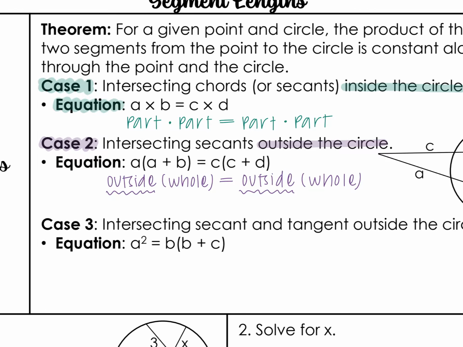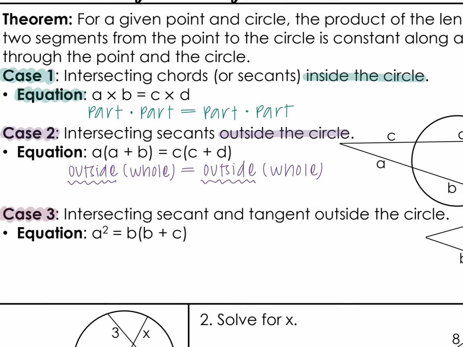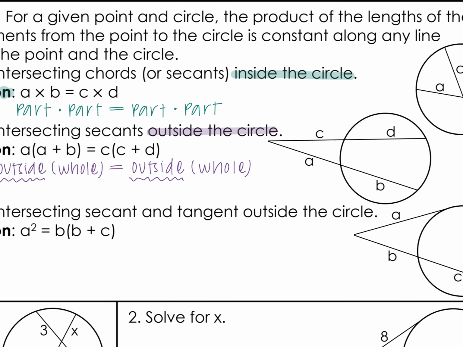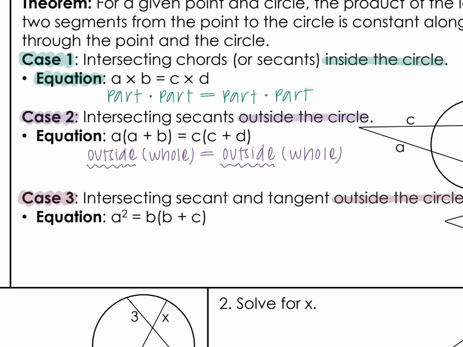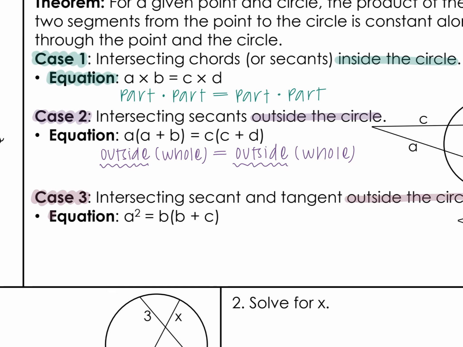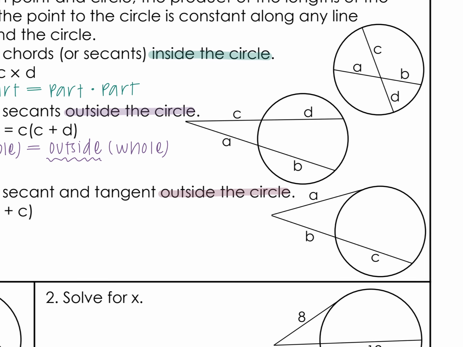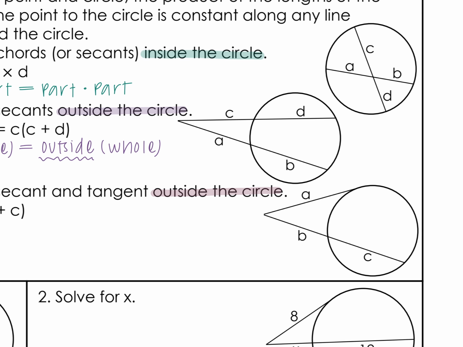And then our last case, okay, in case three, it's pretty much the same thing, but intersecting secant and tangent outside of the circle. Okay, like I said, it's pretty much the same idea, but it is slightly different with this one here because we have A squared is equal to B times B plus C. Okay, so if I look over here, your A squared is coming from that tangent.